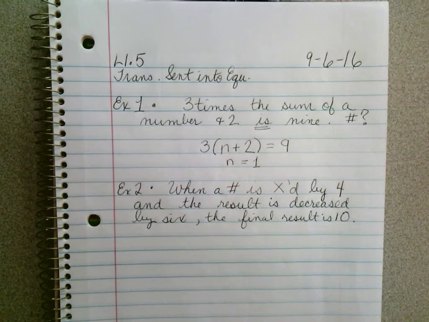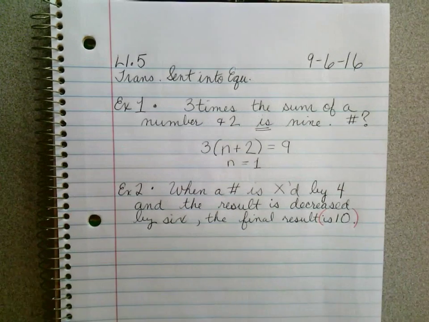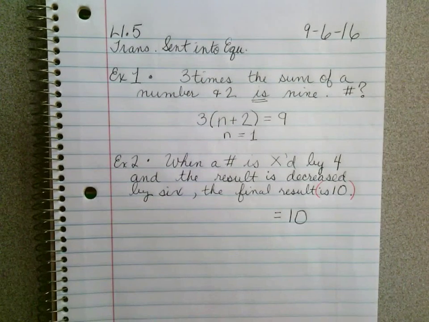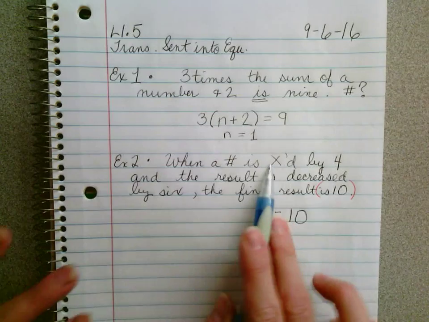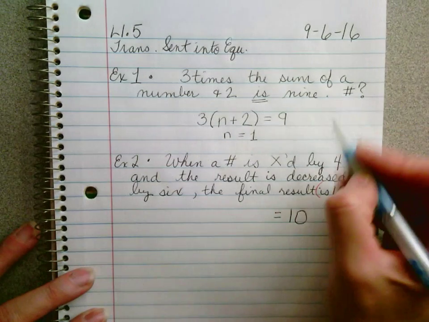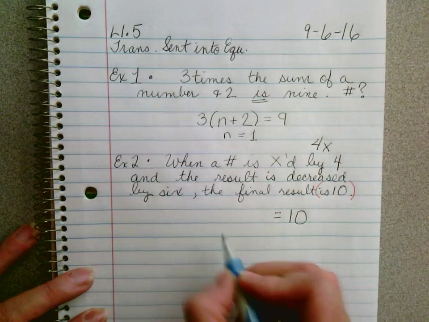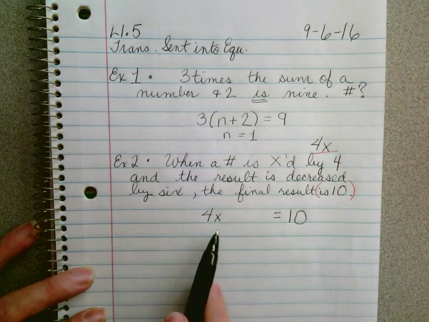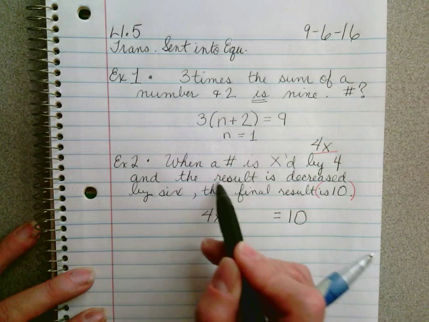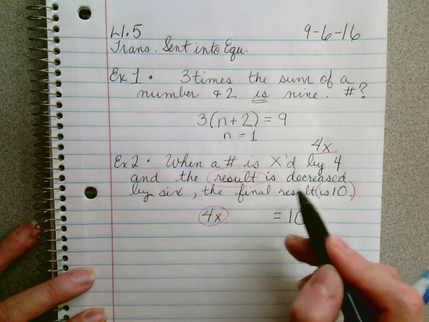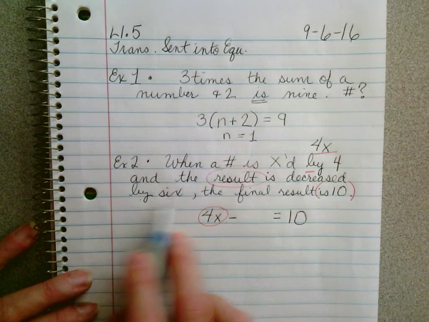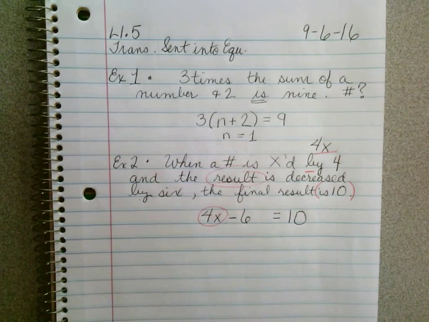Taking it apart, okay. When a number is multiplied by 4, sounds to me like 4x. When a number is multiplied by 4, and that result is decreased, that's a subtraction, by 6, the result is 10.